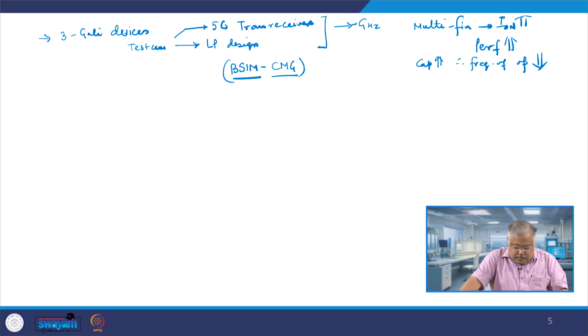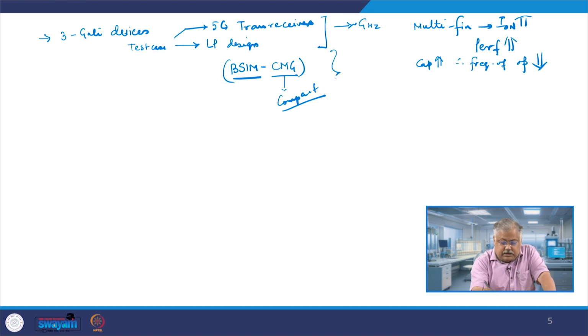This is the Berkeley Short channel Insulated gate FET model, the compact model group which works under that, right. And they have done quite a lot on the designing of these FinFET model files, which can be used directly by researchers in case of extracting the values of IV and CV characteristics.